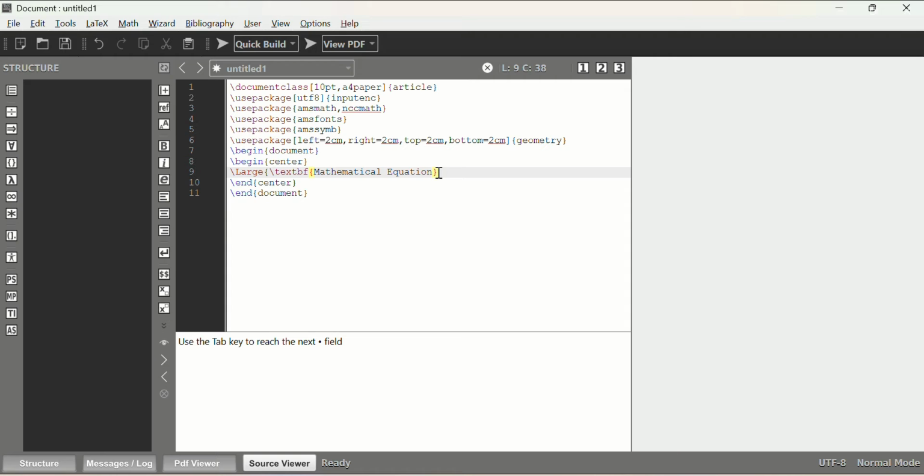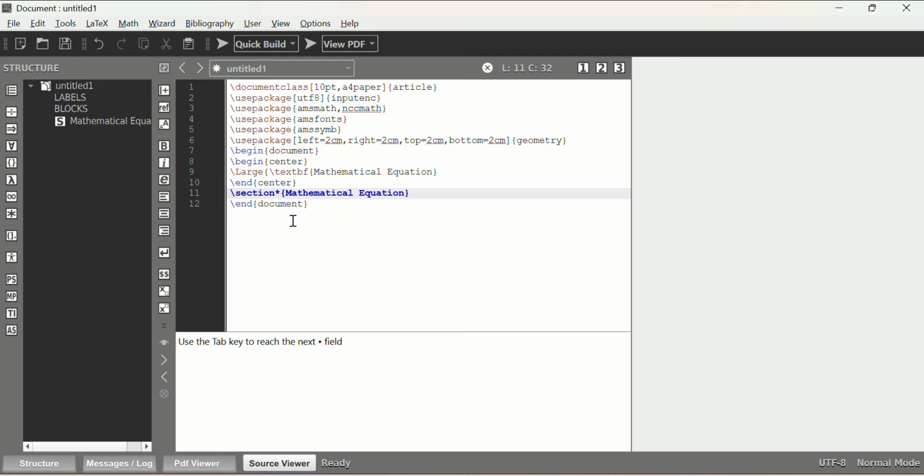So after that, let's end center, and after that we are going to give a section, that is a subtitle. Section asterisk means without number. So the first section subtitle will be mathematical equation 1. We are going to give the first set of equation.